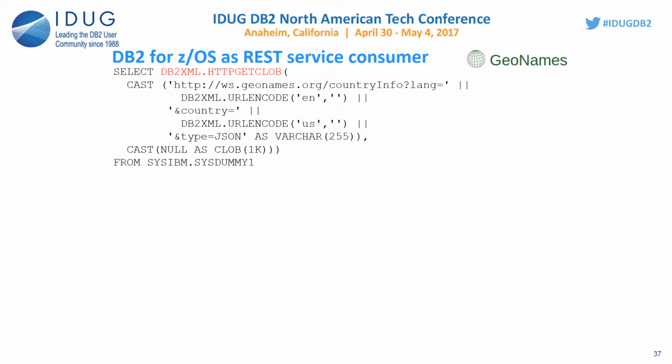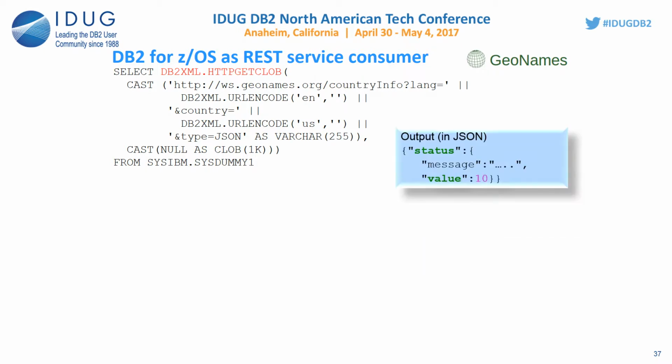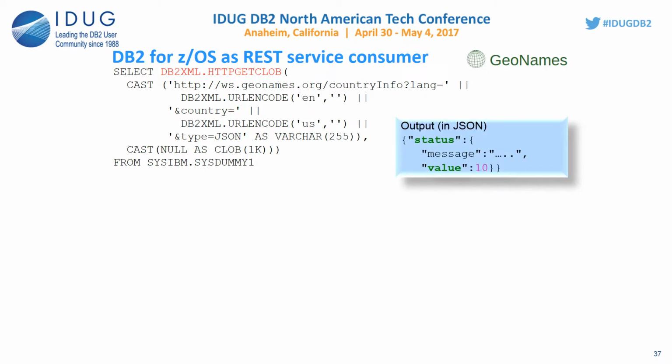In most examples here, this is null, you don't need to pass it in. But later on, when we talk about Watson, you need this part. So basically they send a request to GeoNames. The results look something like this. It comes out as JSON, with a status, a message and a value. So imagine you want to extract 10 from this JSON output.